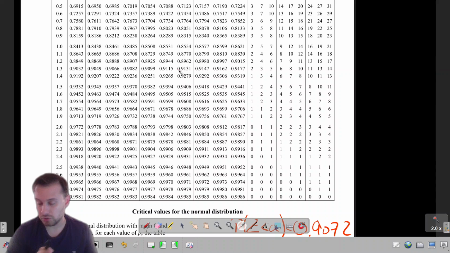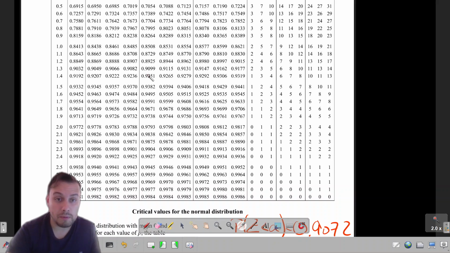So you know you're going to be in between those values. Now, you can see that this is not 0.9015; then we have 0.9032, 0.9049, 0.9066, and 0.9082. So we don't have exactly that value. We have one value that is a bit before, and another that is after.